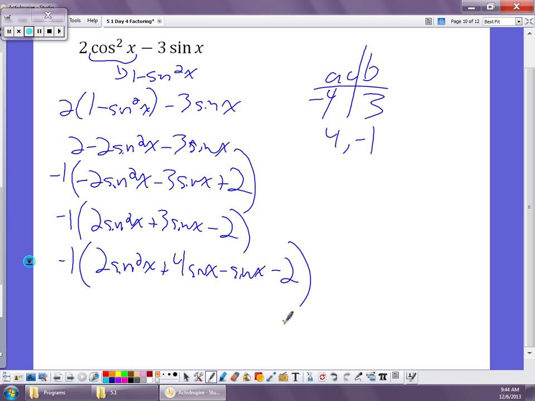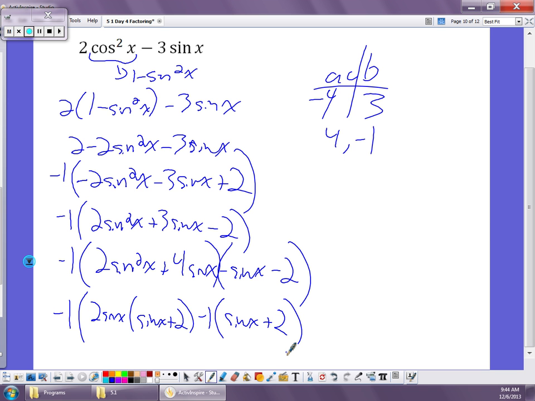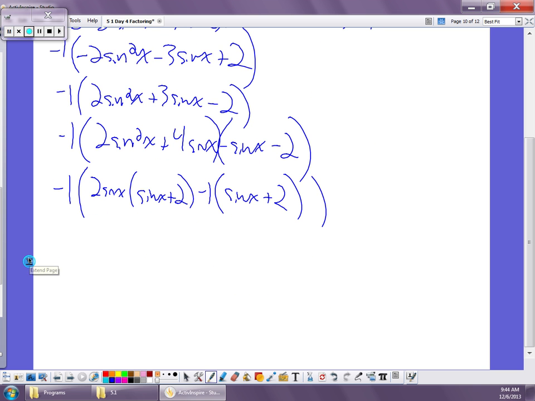Then we just have to group. Negative 1, we can factor out a 2 sine x. So you'd get sine x plus 2. And then here you just have to take out a negative 1, sine x plus 2. And then your final answer would be negative 1, 2 sine x minus 1, sine x plus 2.